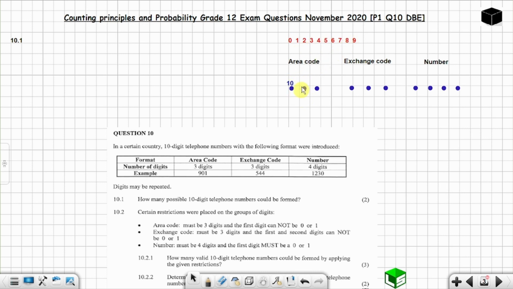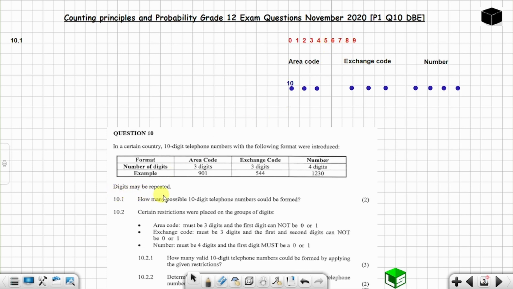And for the second digit, remember, digits may be repeated. For example, you can choose 1 on the first digit and you can still use 1 again. So for the second digit, you still have 10 options. If you were told that digits may not be repeated, then after using 1 digit, you would remain with 9 options.